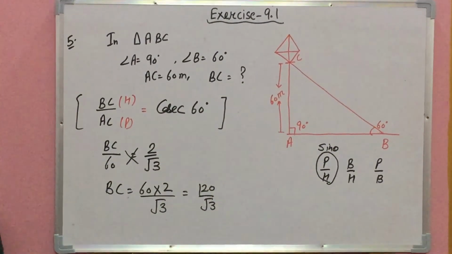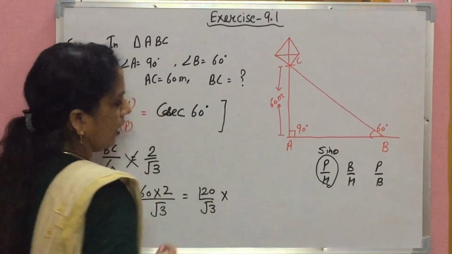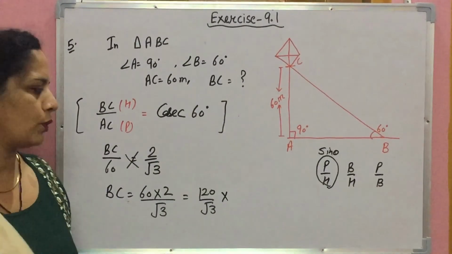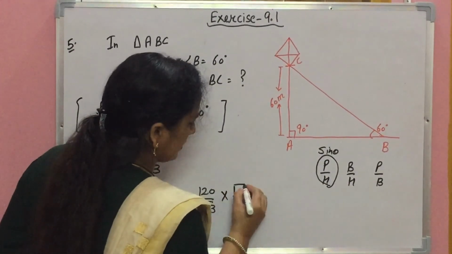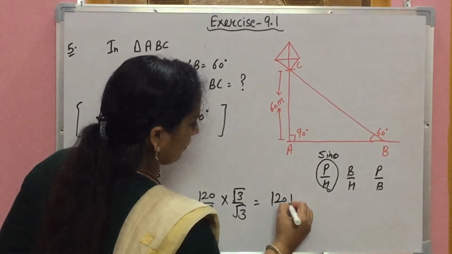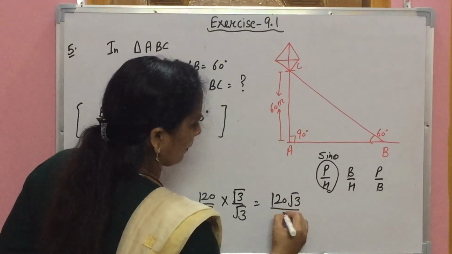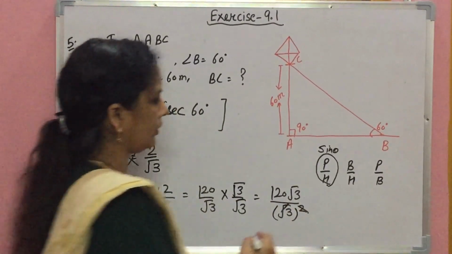It can be our final answer, but do the rationalize, because we cannot keep a term like this in our final answer without rationalizing. Do the rationalize. Cancel square and square root.